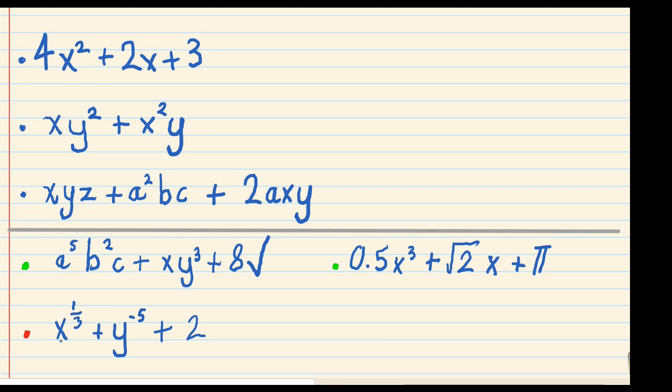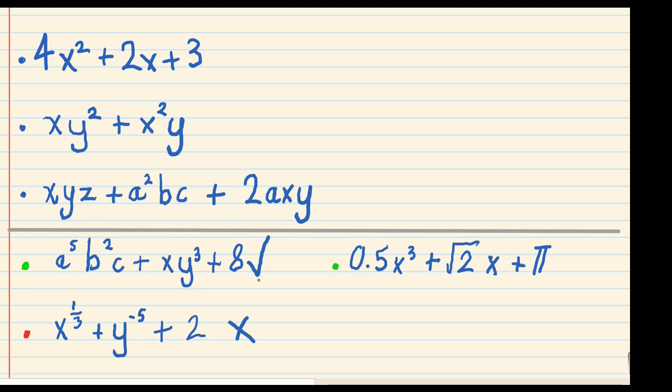But in this case, the exponent is 1 over 3, the fraction, meaning it's less than 1. This is a negative 5, meaning it's less than 0, in fact, a negative number. Both these terms violate that rule, meaning that this cannot be considered a polynomial.